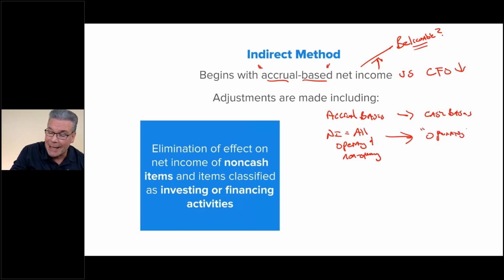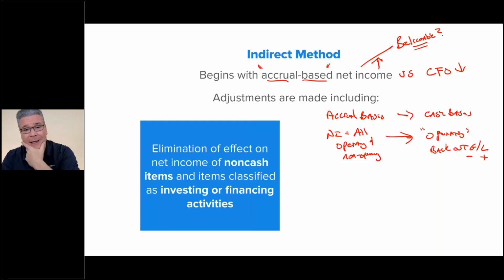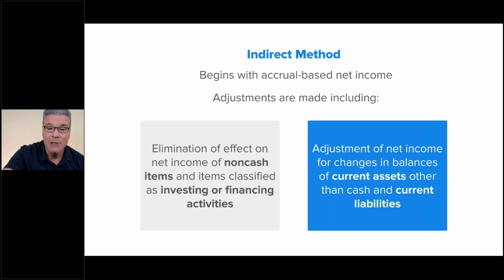That's why we back out gains and losses. Gains, we're going to subtract. Losses, we'll add back. We want to go from all revenues, expenses, gains, and losses to just the core business, okay? So we're going to make our adjustments.